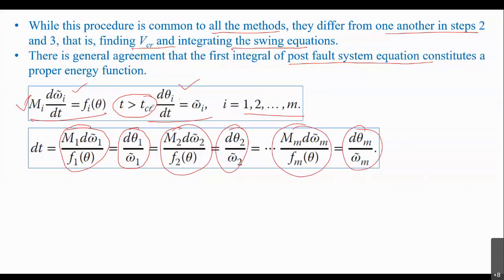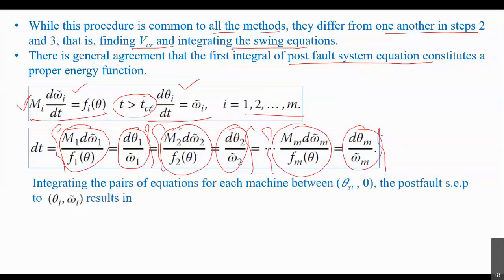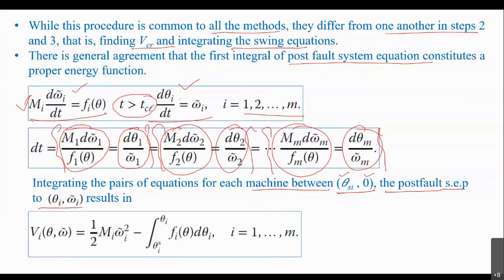If we consider each pair individually and integrate the pairs of equations for each machine from theta_si, omega equal to 0, the post-fault stable equilibrium point, to theta_i, omega_i tilde, the equation will result in this.